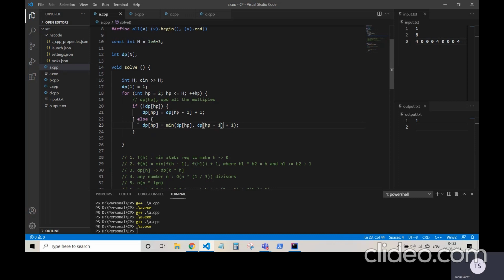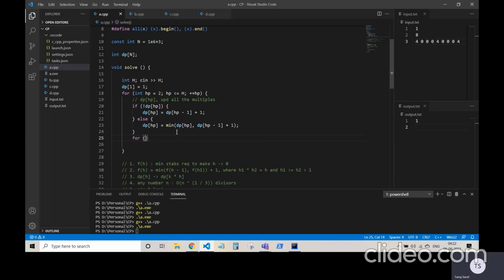Because from this state, when I move to the multiples in the future, and then when I reach that particular multiple, I already know that all the divisors are less than this particular number, so they have already occurred in the past, and I have already computed the value and stored it in the dp, right? And their contribution has already been taken. So I know that I have successfully computed the value of this particular state of health.